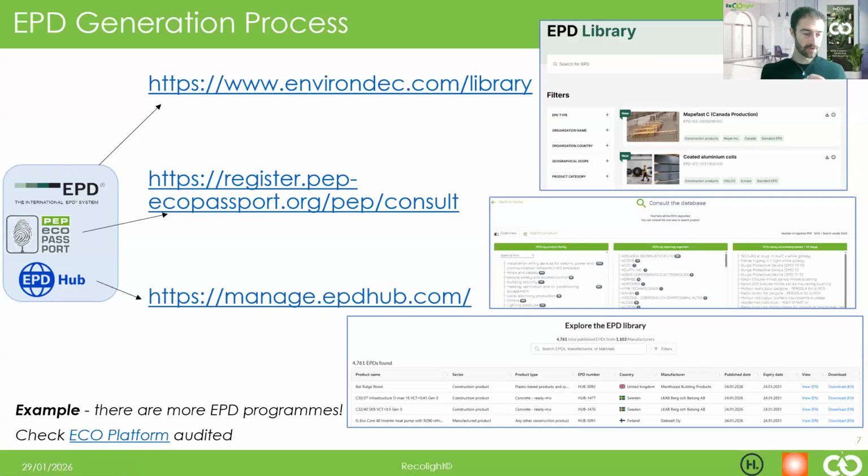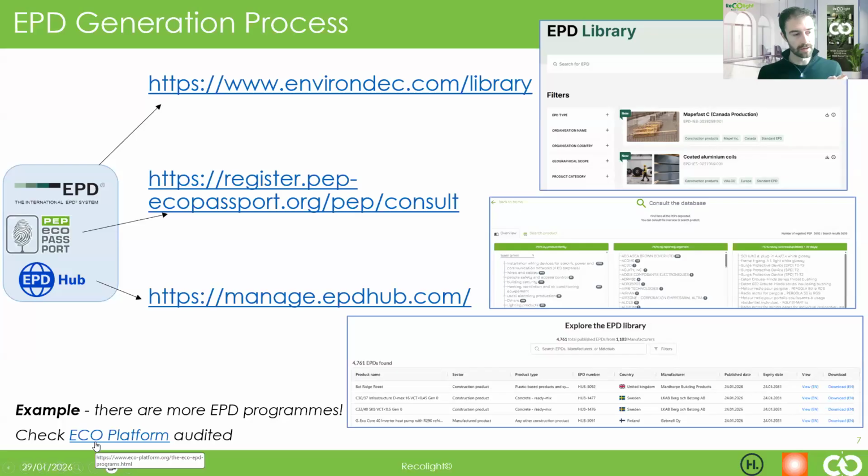What I would say here is that if you're looking at an EPD and you want to understand whether it's a reputable program operator, a really good place to have a look is Ecoplatform. Now, Ecoplatform is an umbrella organization that sits above various program operators within the construction space.